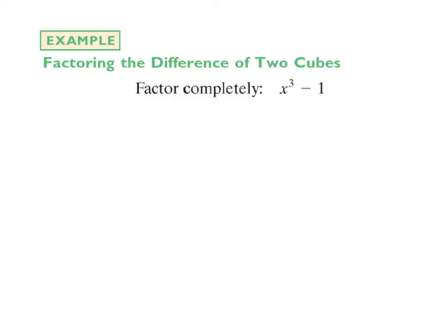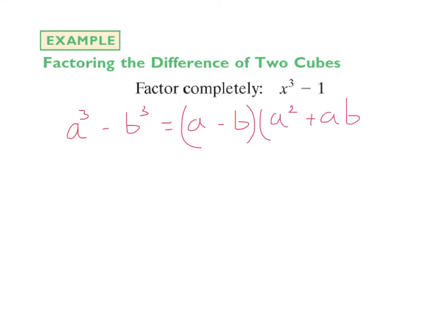Well, here we have to factor the difference of two cubes. We have x cubed minus 1. Here we can use this property: if we have a cubed minus b cubed, it equals a minus b times a squared plus ab plus b squared.